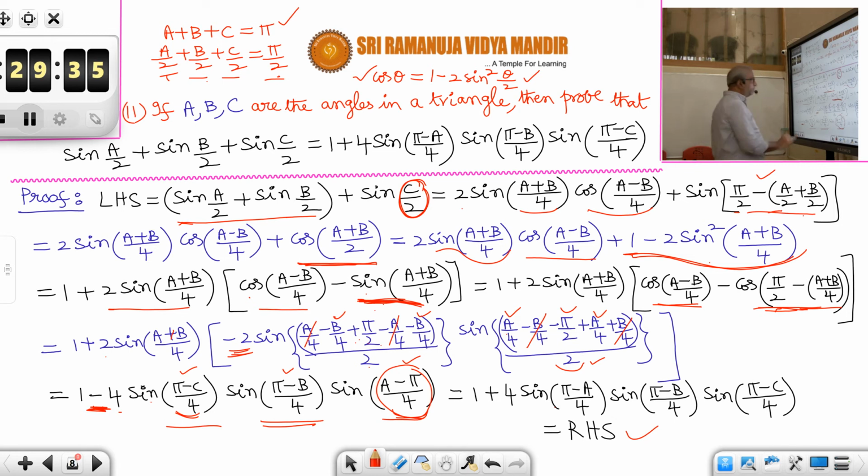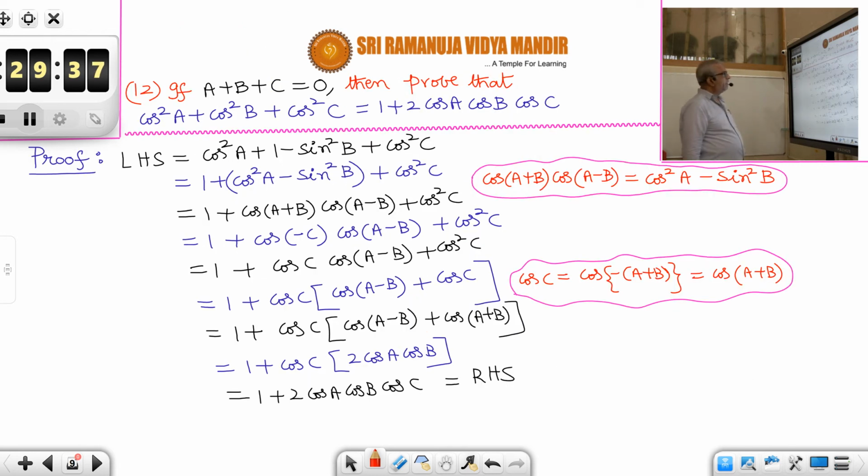Let us go to the 12th one. If a plus b plus c is equal to 0, the sum of the three angles is 0, that means some must be positive and some must be negative angles. If a plus b plus c is equal to 0, then prove that cos square a plus cos square b plus cos square c is equal to 1 plus 2 cos a cos b cos c.